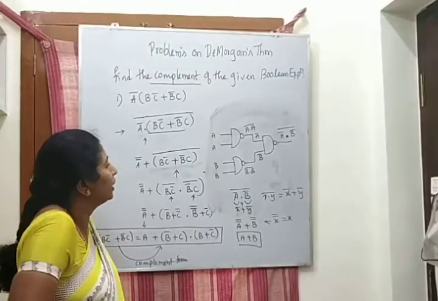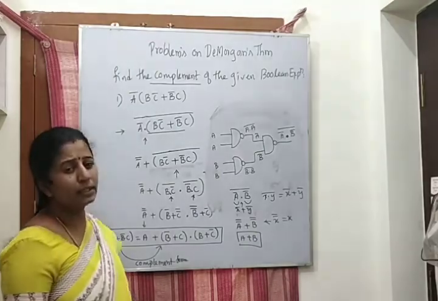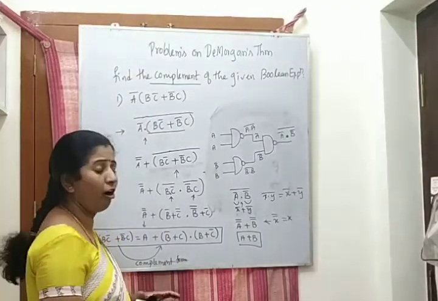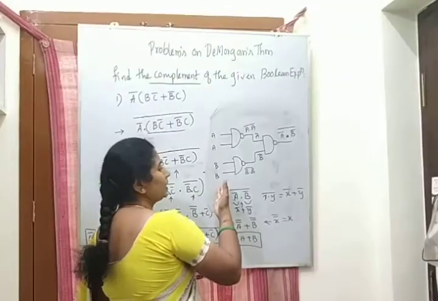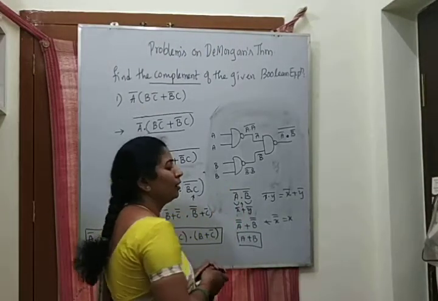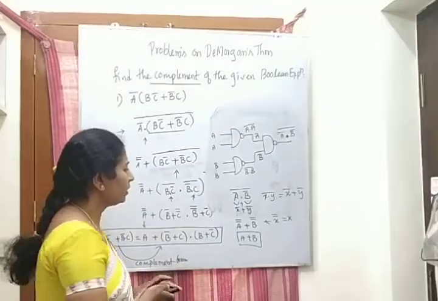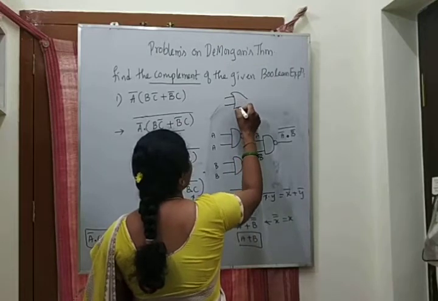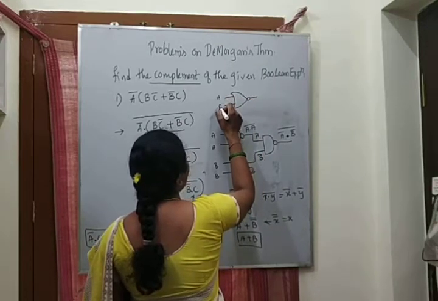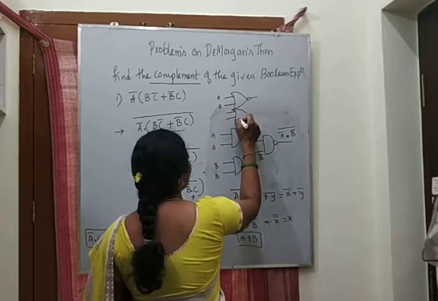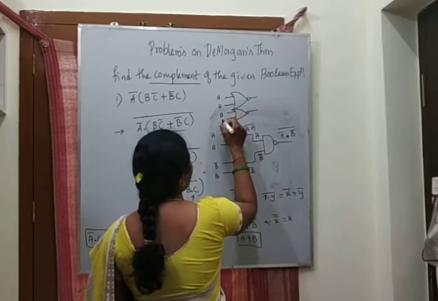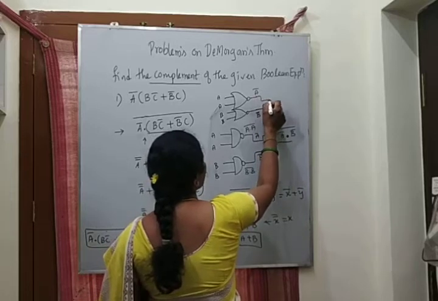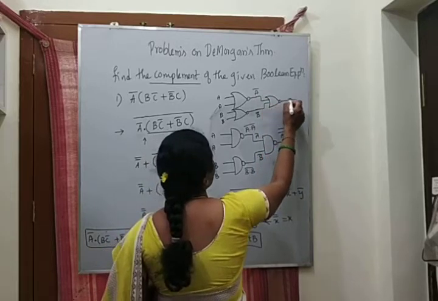Simplification of a Boolean expression with De Morgan's theorem, otherwise finding the complementation for the given Boolean expression, or realizing the basic gates using De Morgan's theorem. This is one case. Another case, that is your NOR gate. A, B, you will get A complement, B complement, that we have given into the circuit. What will you get?